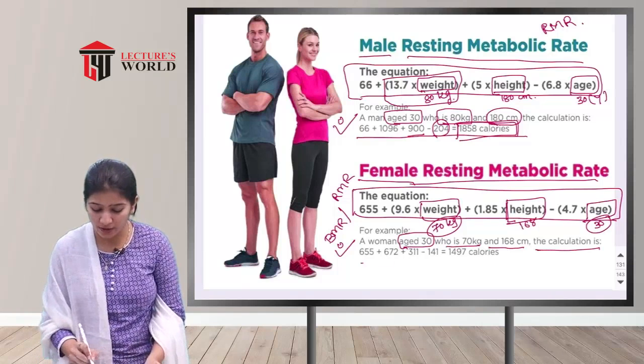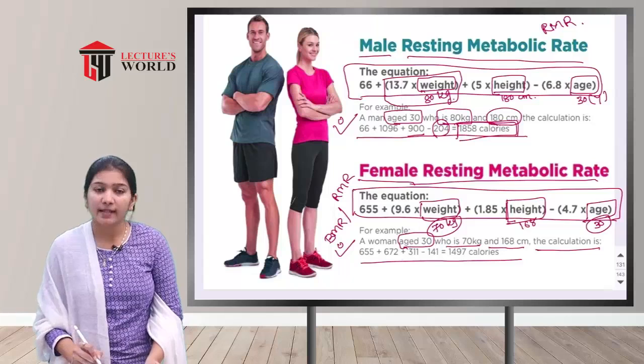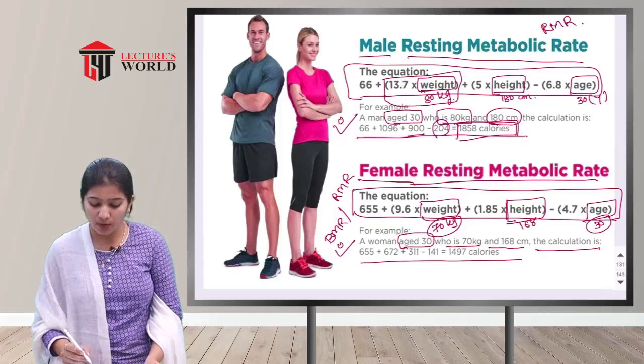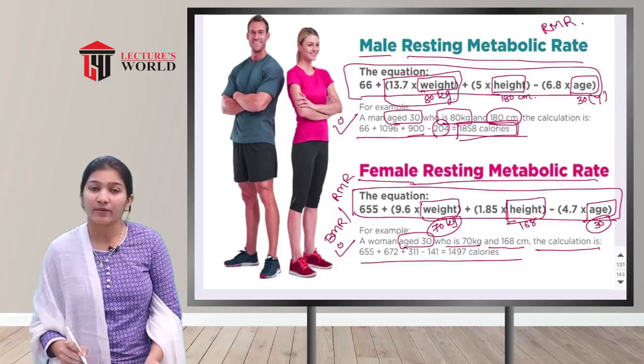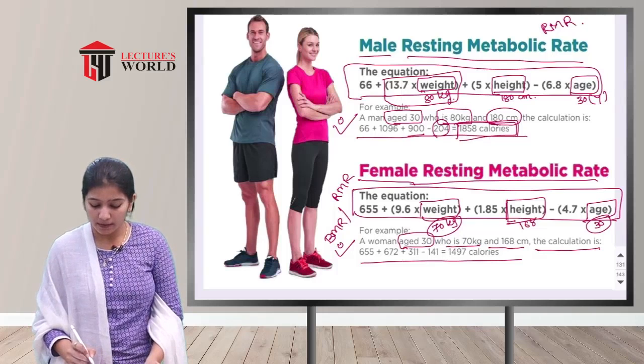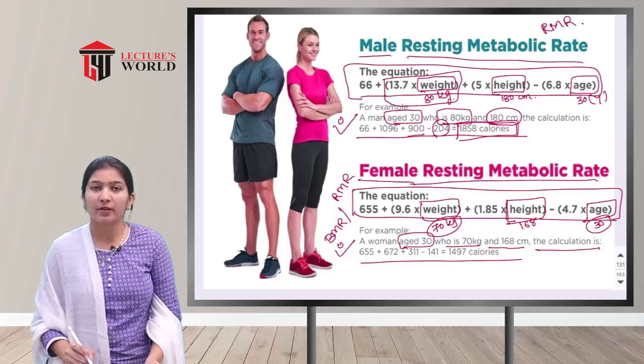Here is the calculation: 655 plus 672. How will this 672 come? If you put 9.6 into 70 kg, that is 672, plus 311. How are we getting this 311?